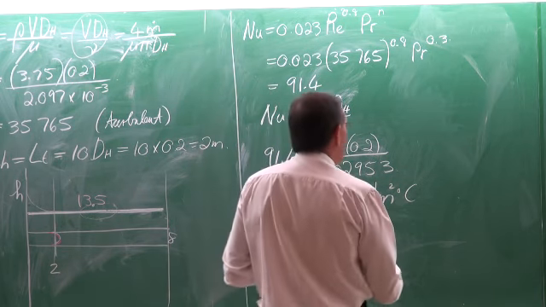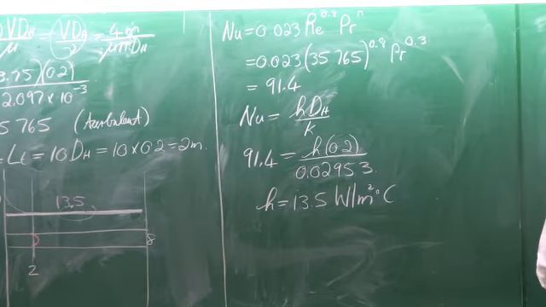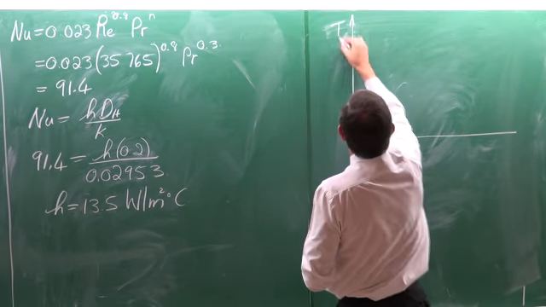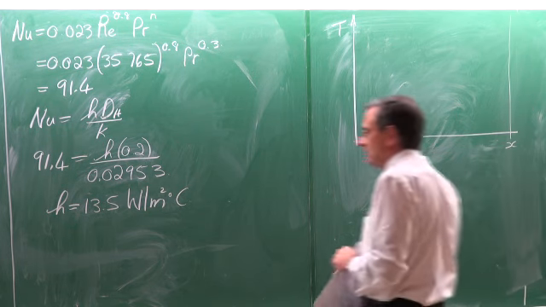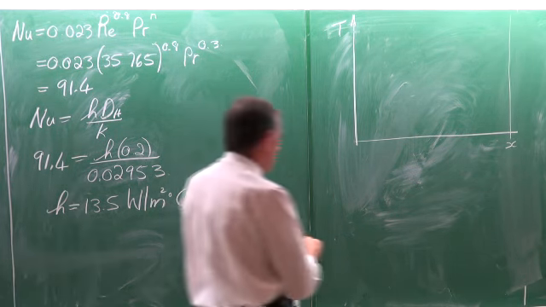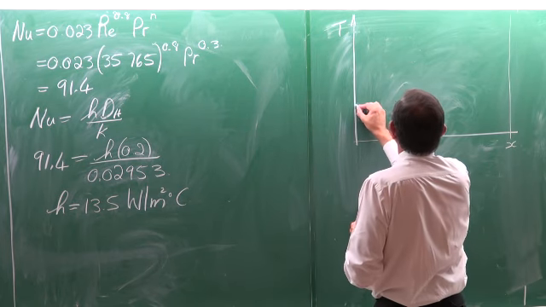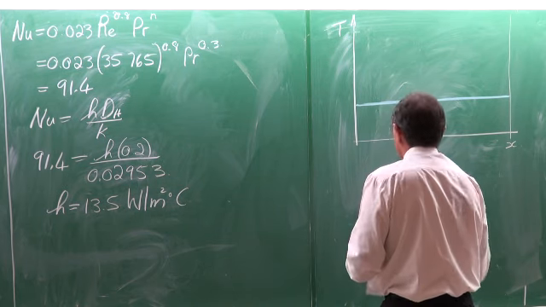Right, so with this type of problem, what is very important to remember is that we have a constant surface temperature. So if we plot the temperature as a function of x, the surface of the duct is going to be at 60 degrees Celsius, and it is going to be a constant.